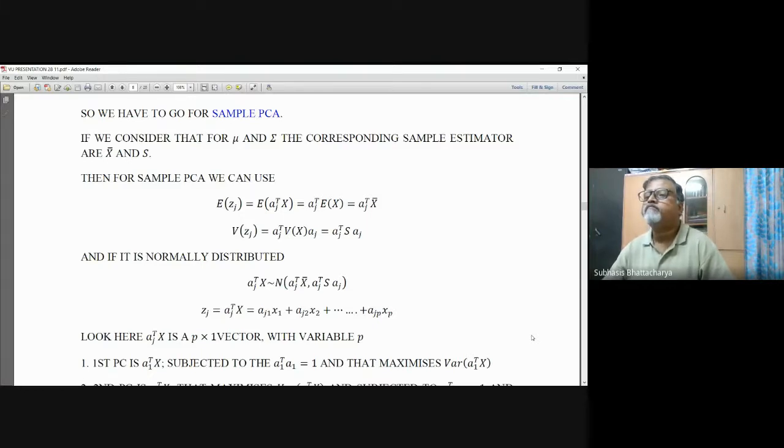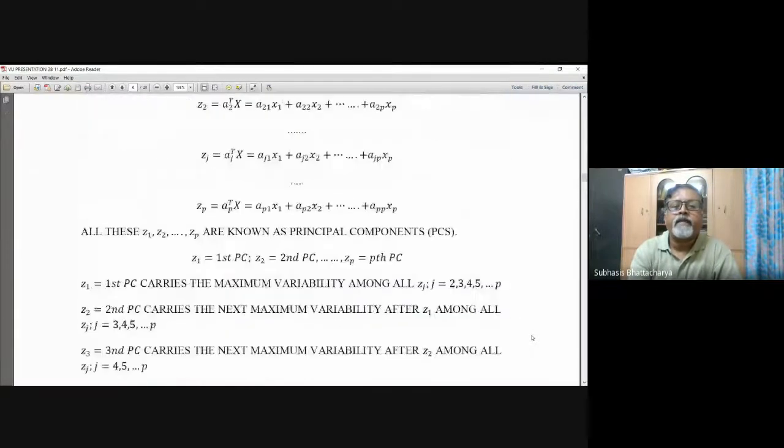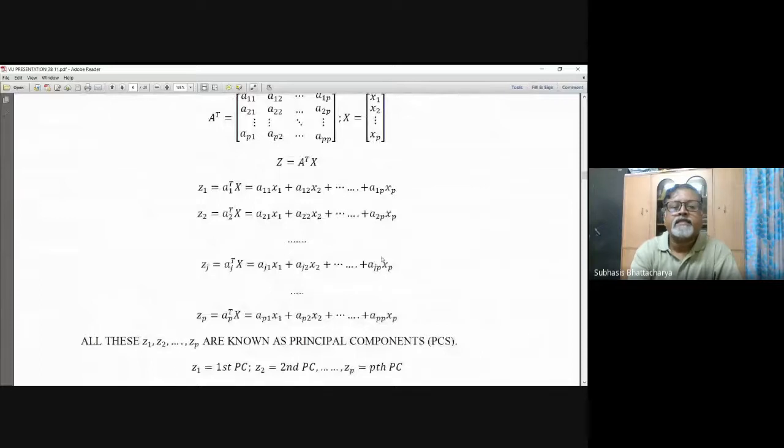So in the ultimate formation, when you get the principal components, you get them in the form of a linear combination of X. Just recall the earlier derived results. The principal components are just linear combinations of X. So I am telling you that this Z1 is not representing X1, and this Z2 is not representing X2. These are reformed.